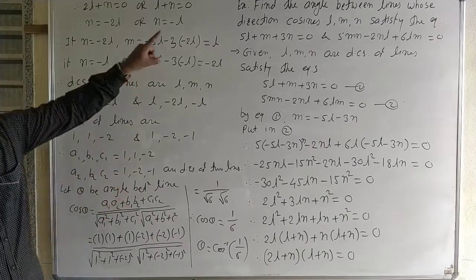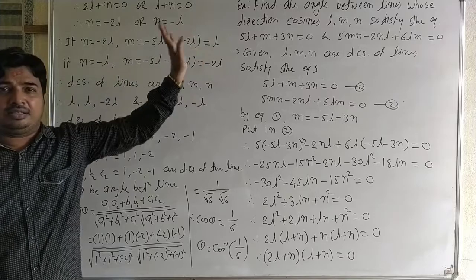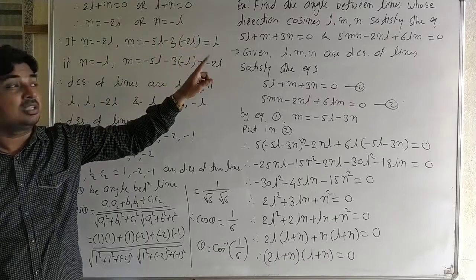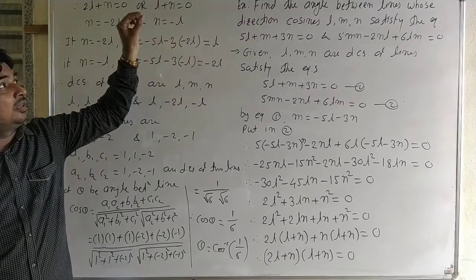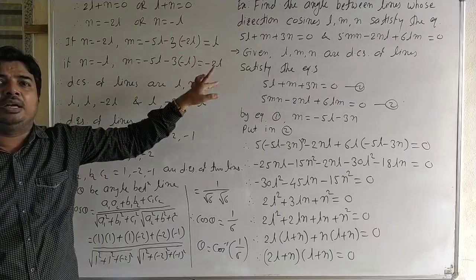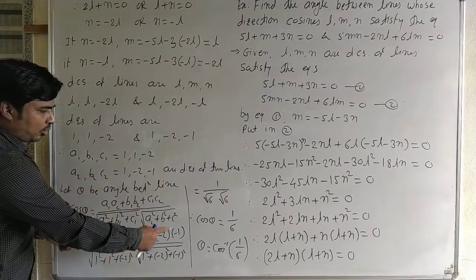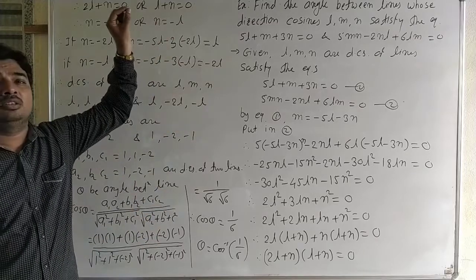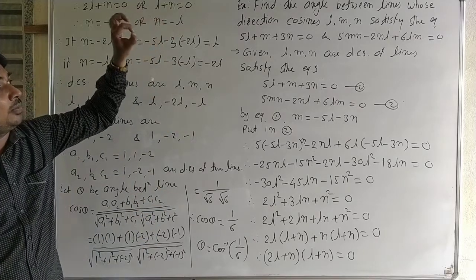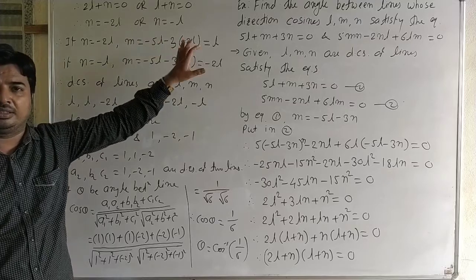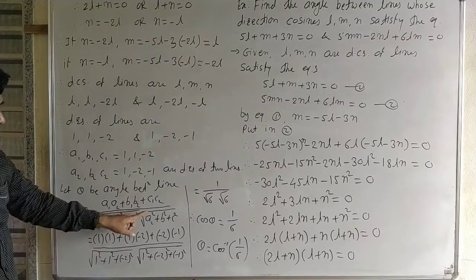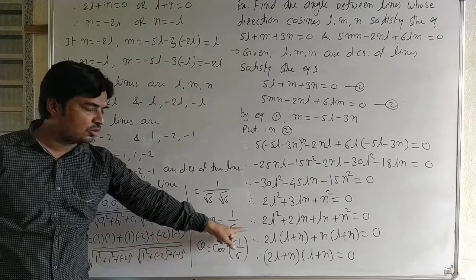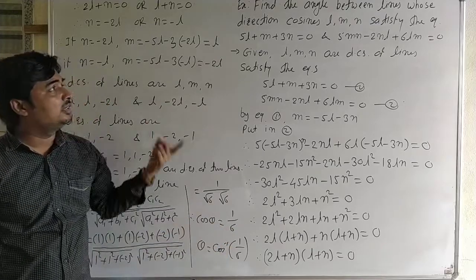Okay, when the question is find the angle between lines, the question when find the acute angle between lines, then here we take the mod. Okay, cos theta is equal to mod of, here only see what the question asks, it is find the angle between lines. Okay, therefore we get this formula. Okay, and then theta is equal to cos inverse of 1 by 6. Okay, see carefully this.